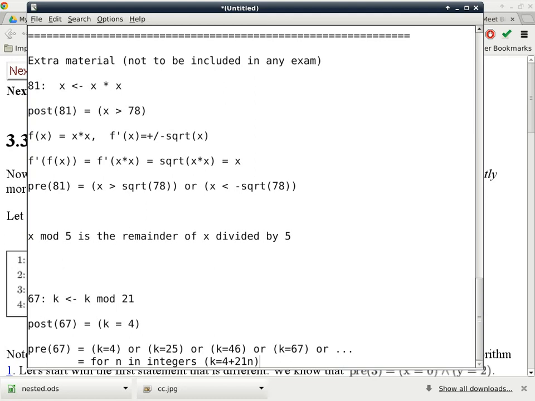So n is an element of the integer set: for all n an element of the integer set, K equals 4 plus 21n. And then you have to do a big OR, so you specify the big OR operation like this, where n is an element of the integer set.